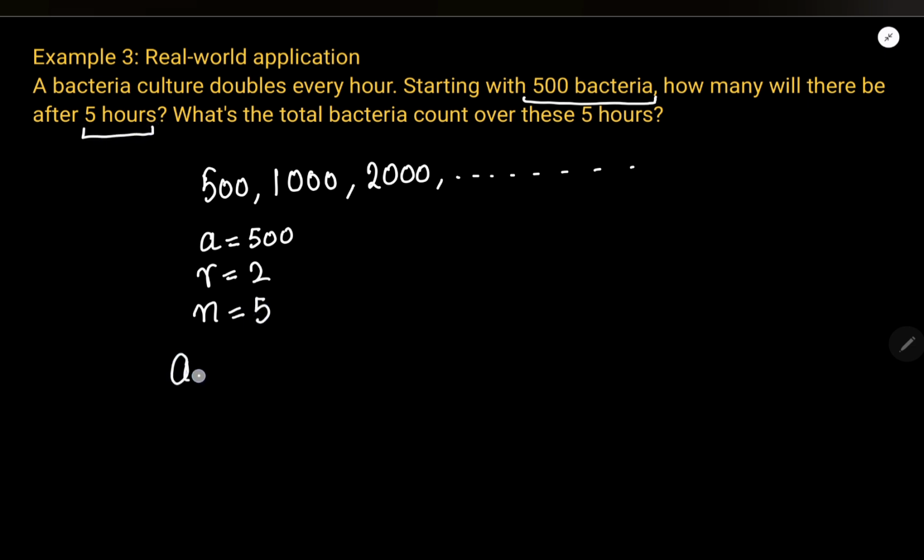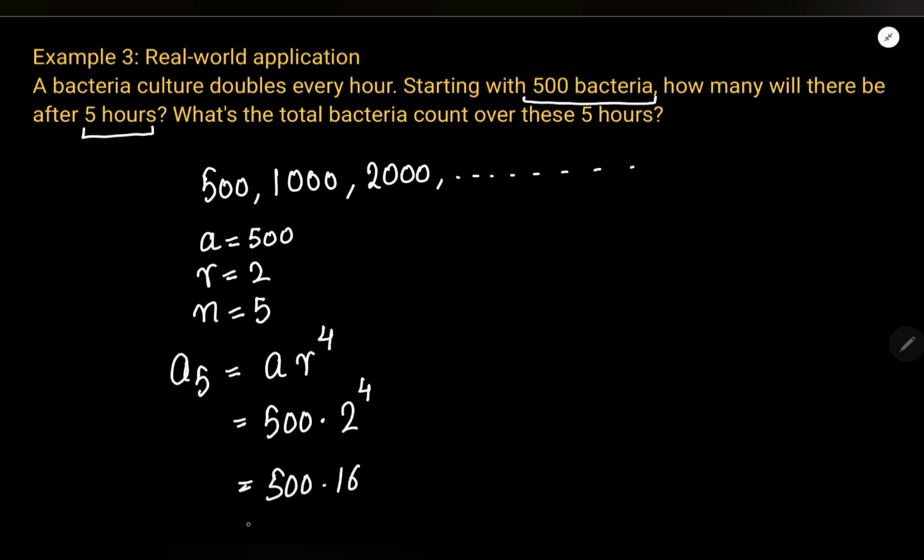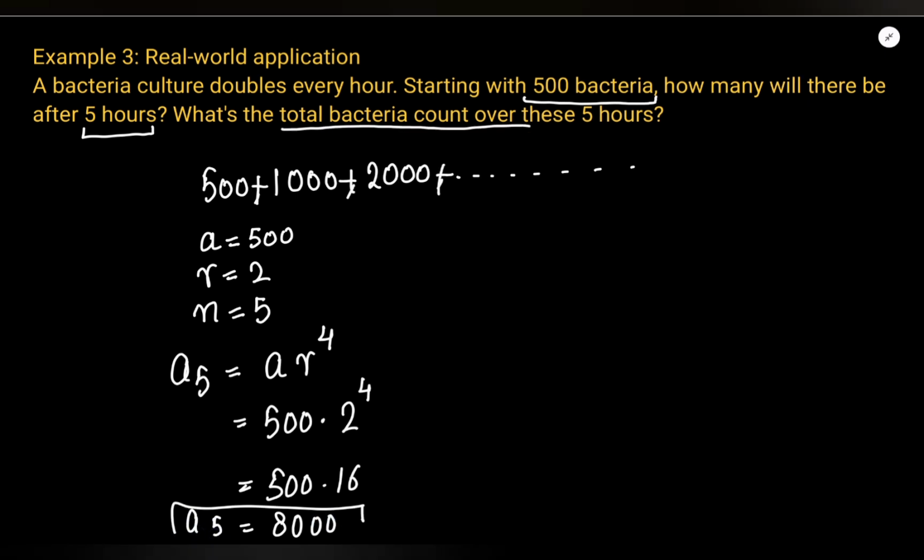So we will find the fifth term A5, which will be equal to A R raised to power 4. So 500 times 2 raised to power 4, 500 times 16, and 16 fives are 80. So the fifth term will be 8000.